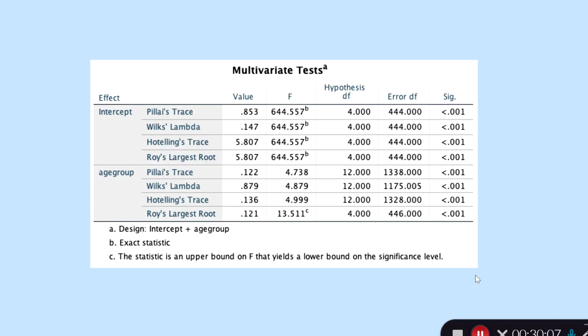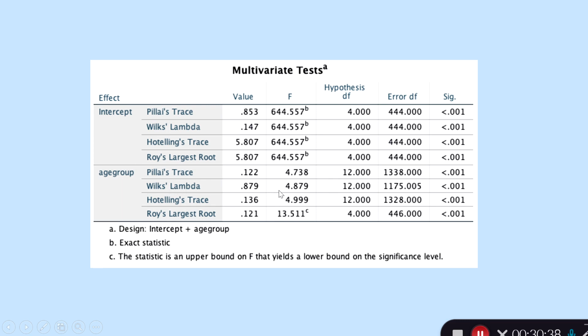So here's an example from a printout of a multivariate test from SPSS. And the question is, which do you choose? The independent variable here, where we've got different groups, is age group. Pillai's trace gives us an F value of 4.738, with 12 and 1338 degrees of freedom, and p is less than 0.001.